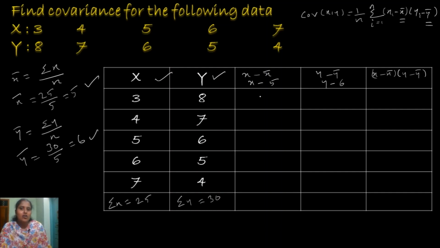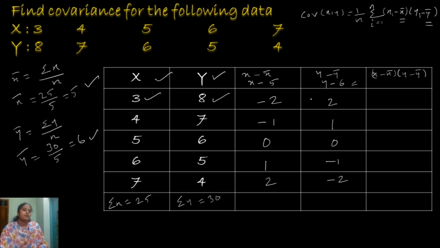Now subtract all values of x from 5: 3 minus 5 is minus 2, 4 minus 5 is minus 1, 5 minus 5 is 0, 6 minus 5 is 1, 7 minus 5 is 2. Like that, subtract all values of y from 6: 8 minus 6 is 2, 7 minus 6 is 1, 6 minus 6 is 0, 5 minus 6 is minus 1, 4 minus 6 is minus 2.